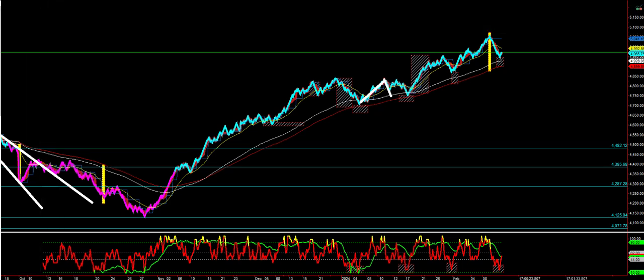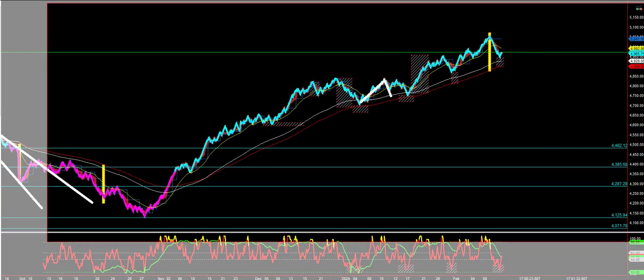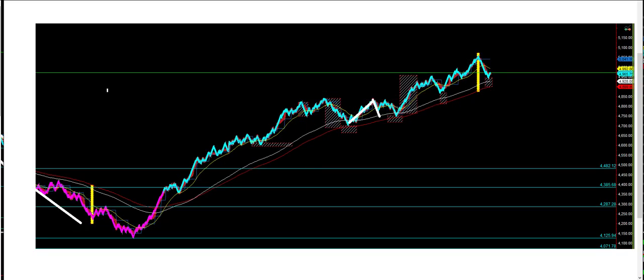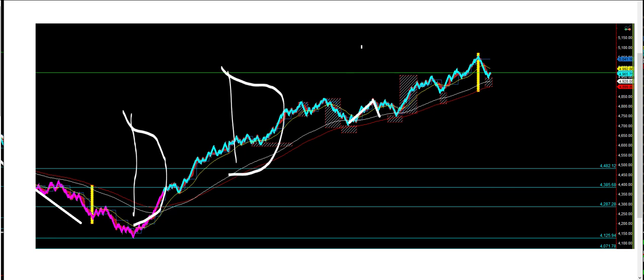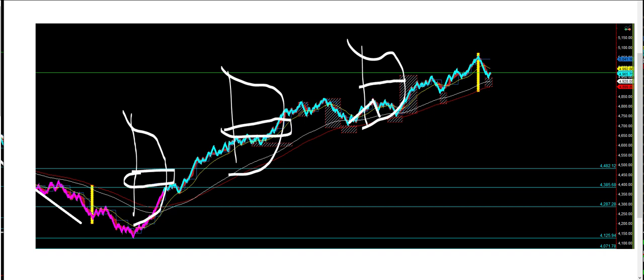So let me draw this so it makes sense. If I tell you to draw day by day or week by week or month by month profiles, what will you see? Something like this, right? And something like this. And this is where your values are shifting up. The trend is up.